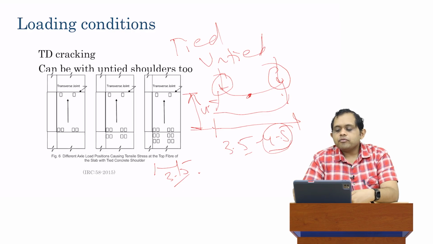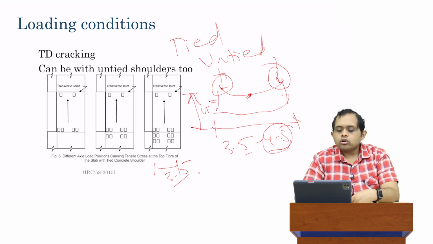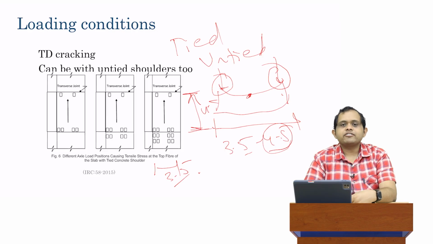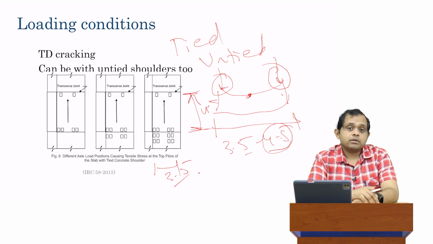So if these two wheels need to be part of the same tandem axle or the same tridem axle group, then their overall spacing should be 4.5 meters. That's too high. If you have a spacing of 4.5, you are neither a tandem axle nor a tridem axle, it's just a single axle, generally an unrealistic sort of configuration.